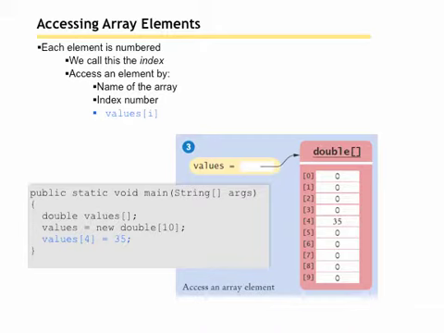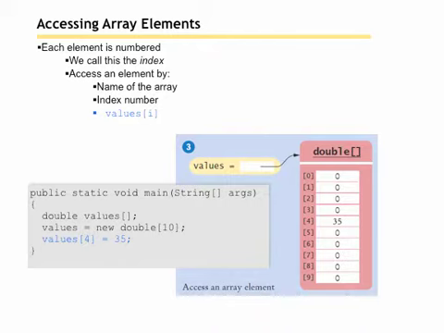So to access an element in the array, we need to use the index or subscript, two words that mean the exact same thing. So in this case, when we say values sub 4, and note the way that I'm saying that, values sub 4, that will reference the 5th element in that array, and in this case it's setting it equal to 35. So values sub 4 equals 35.